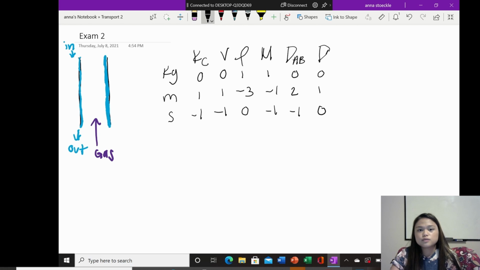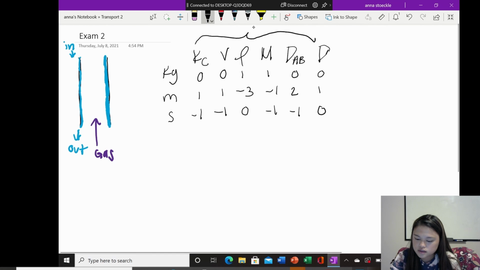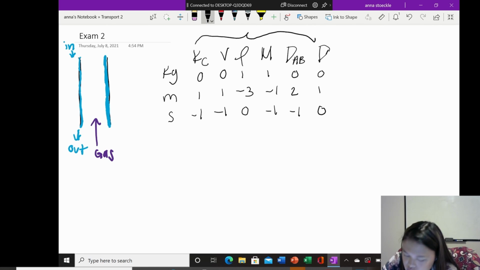So now from here, we want to look at the rank of this design matrix, because the number of variables, n, is going to equal 6.